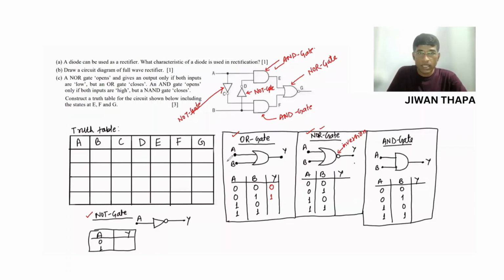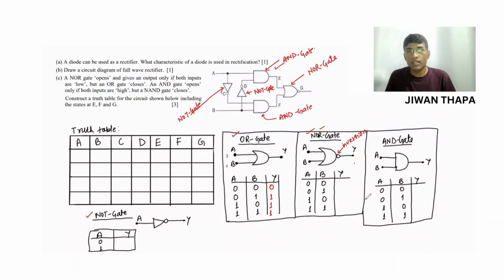If A is 1 and B is 0, then again the output Y is high. And if both inputs A and B are high, then we get output high.